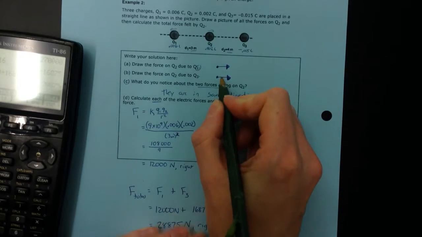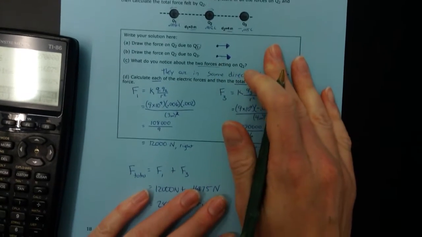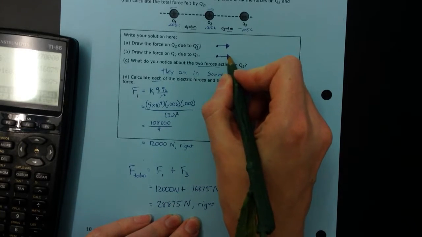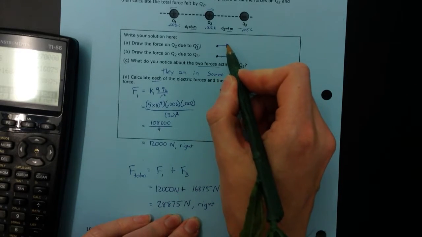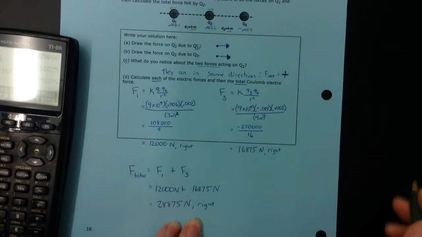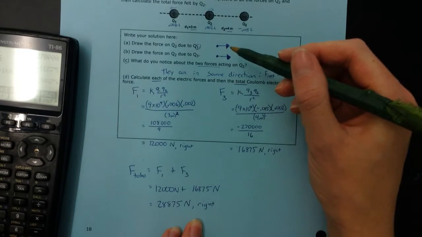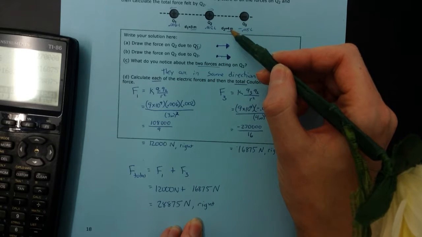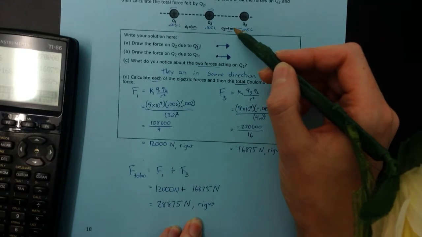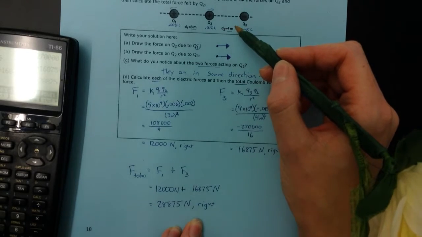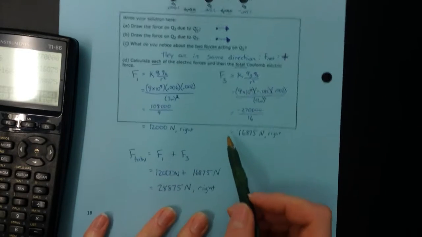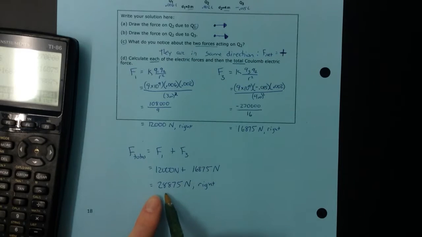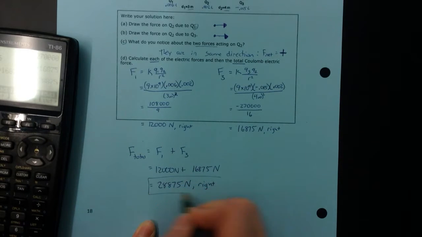So this arrow is my 16,875. It should have been a little bit longer perhaps, and this one should be a little bit shorter because it's only 12,000, but at the time I didn't know how big those forces were. This one has a smaller charge but a smaller distance, and the other has a bigger distance, so I didn't really know which one was going to be bigger. That's okay, but what I do when I have more than one charge is I add them up.